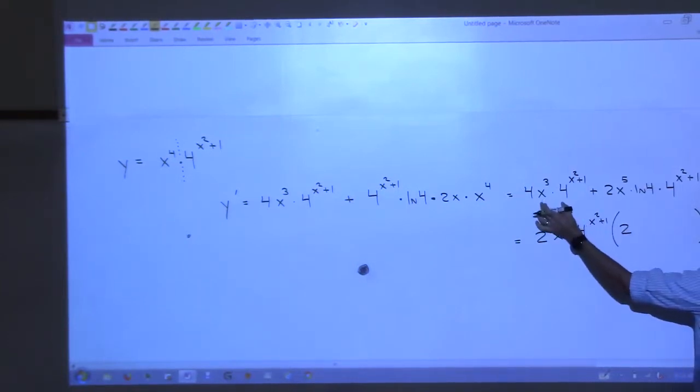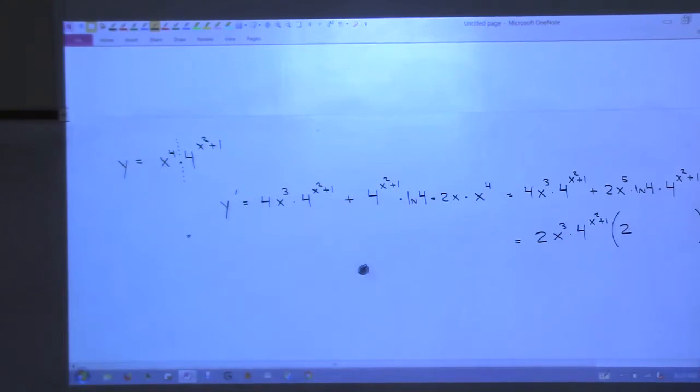That's all I'd be left with here, right? Over here? So plus x squared natural log 4. So if I had to set these things equal to 0, I could now, because I've factored it.